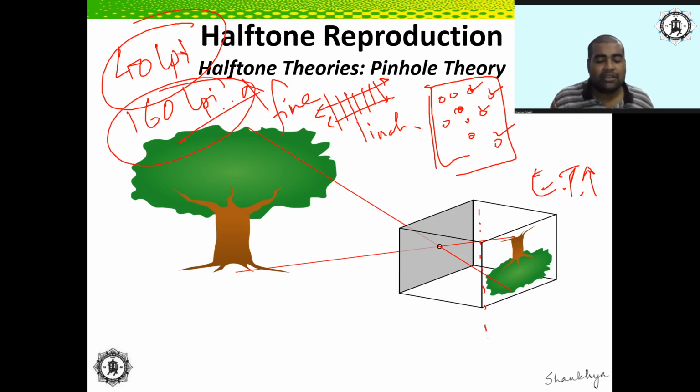Penumbral theory is sufficient to explain the reason behind dot gain when you are using coarse screens. But when you are using fine screens, another type of problem occurs, which is explained by the diffraction theory of halftone photography. That is why we have a total of three theories of halftone photography.